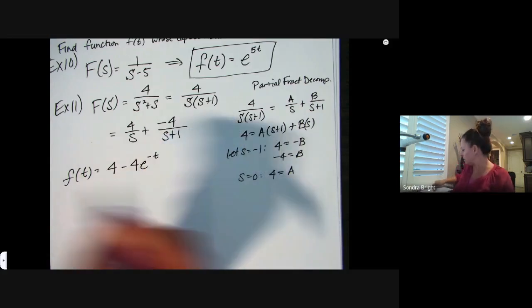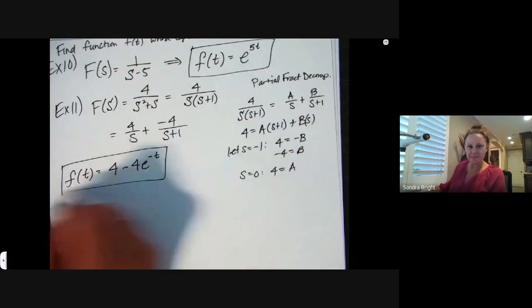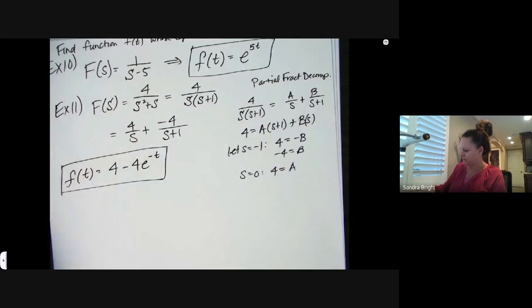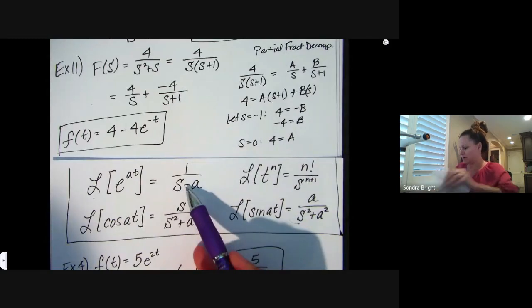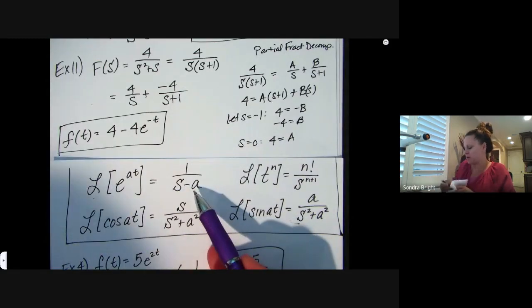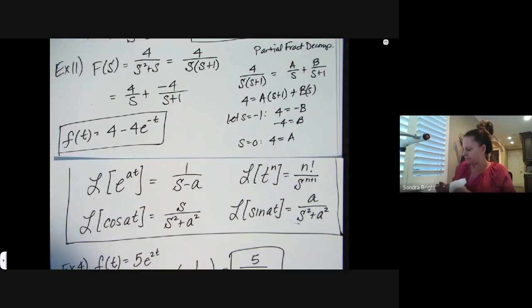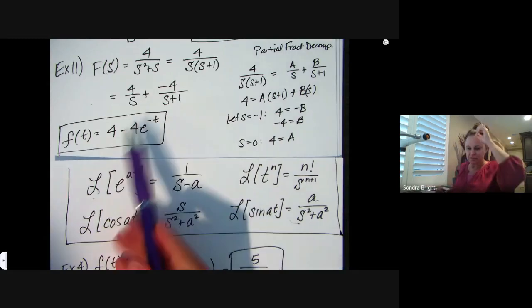Checking these patterns, negative 4 over s plus 1 has a 1 over s plus 1, so you can just factor out that negative 4. And for the 4 over s, it's like there's a 0 here, so that works too.